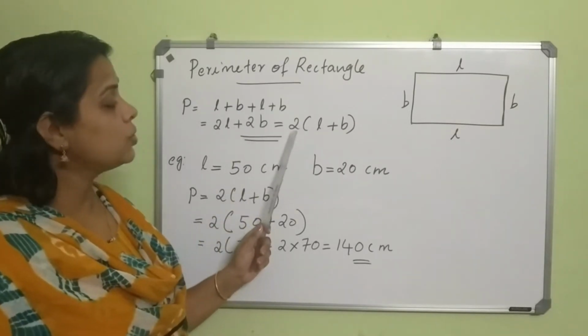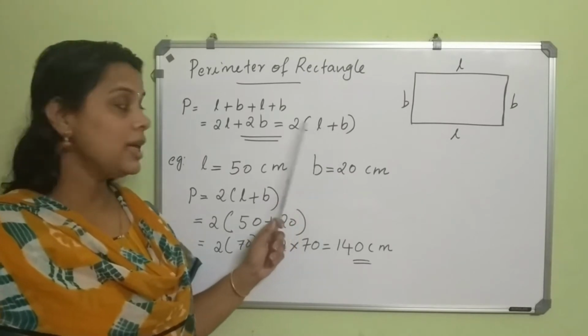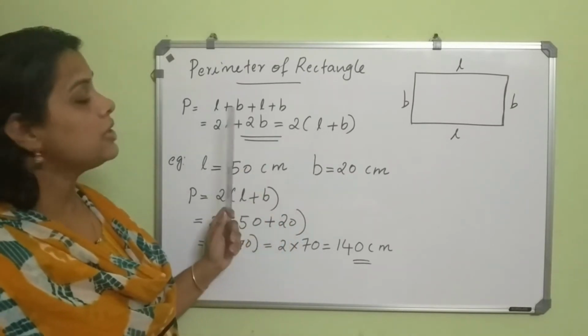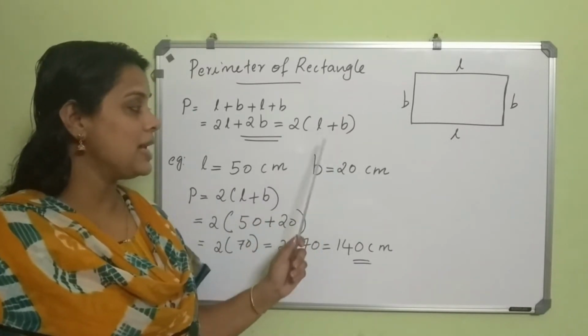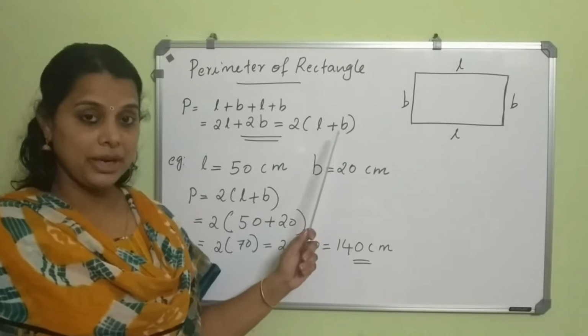Now we will get 2 into L plus B. This is the equation of finding perimeter of a rectangle. P is equal to 2 into L plus B, where L is the length and B is the breadth.